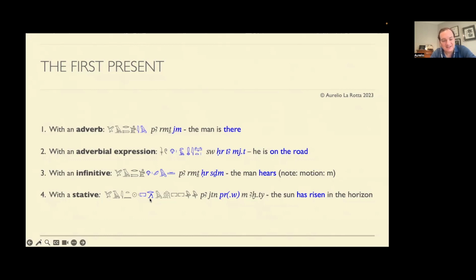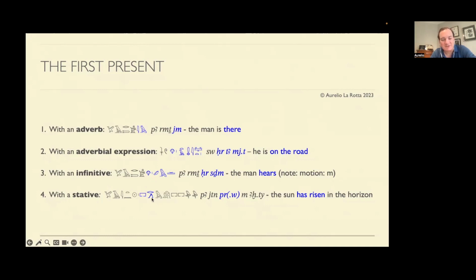Although as I'm saying that, if you wanted to make that a simple first present, you'd probably use an m here. If you wanted to say the sun is currently rising in the horizon, it would be pa-aten m peri m acheti. So normally with verbs of motion, if you want to indicate that something's currently ongoing, you would use the preposition m instead of khir.